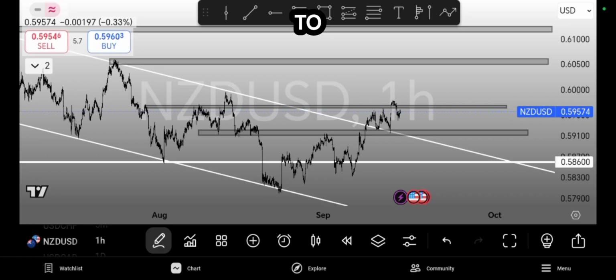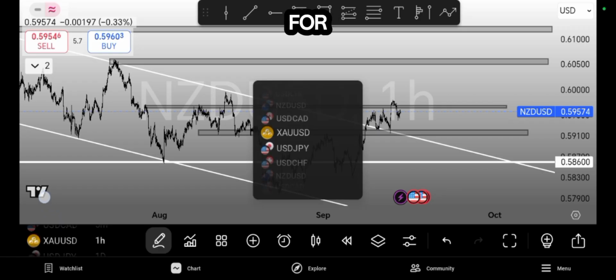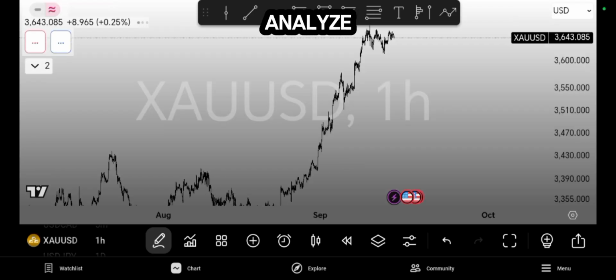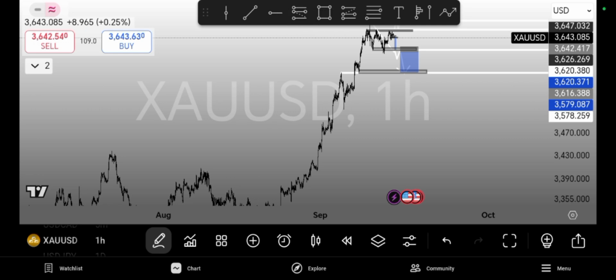So now let's move to gold. As for gold, I tend to trade or analyze it differently from the way I analyze my currency pairs. Let me remove all of these drawings.